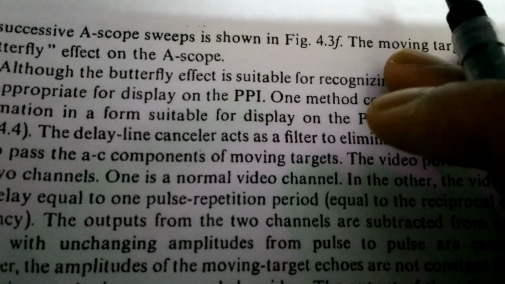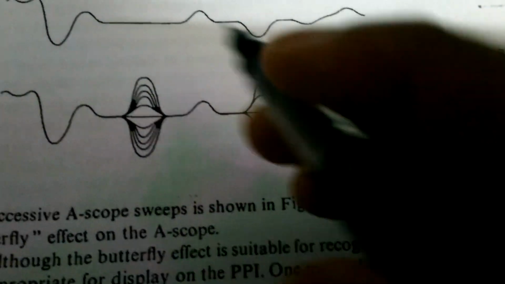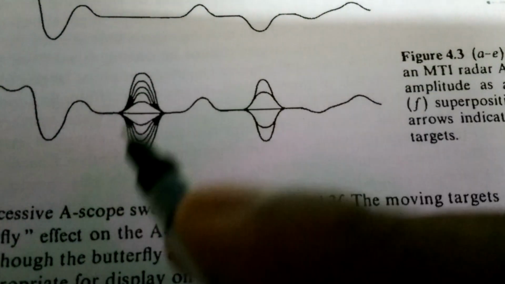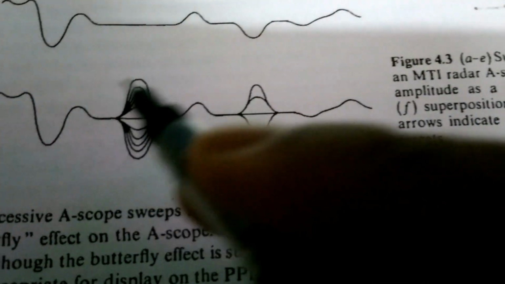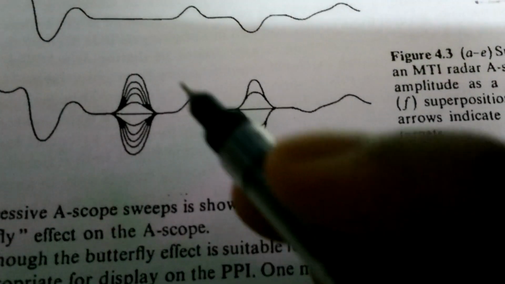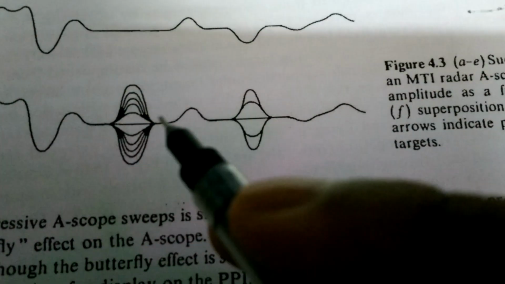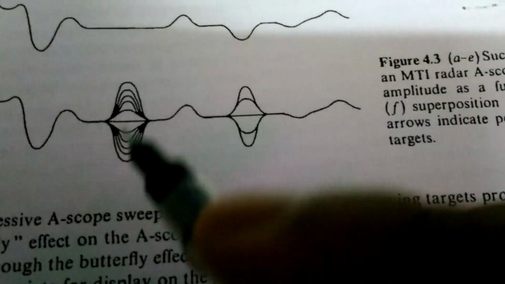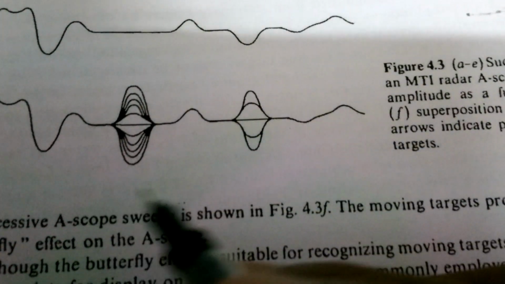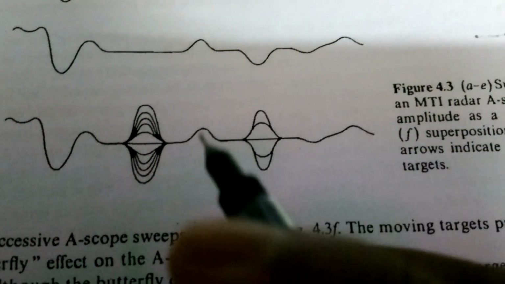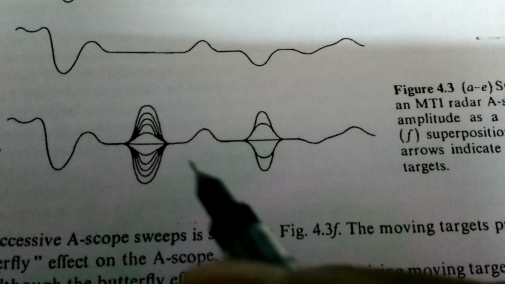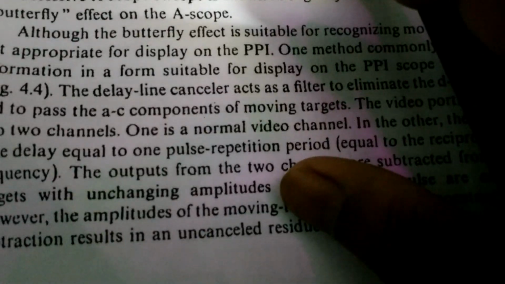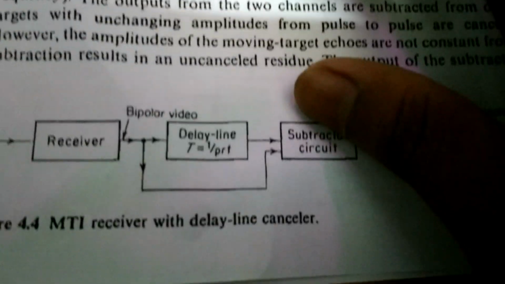That is a very important point here. To perform this, that means to suppress the DC component, allow the AC component, and convert bipolar into unipolar, you have to use a block in your architecture. That block is nothing but the delay line canceller.